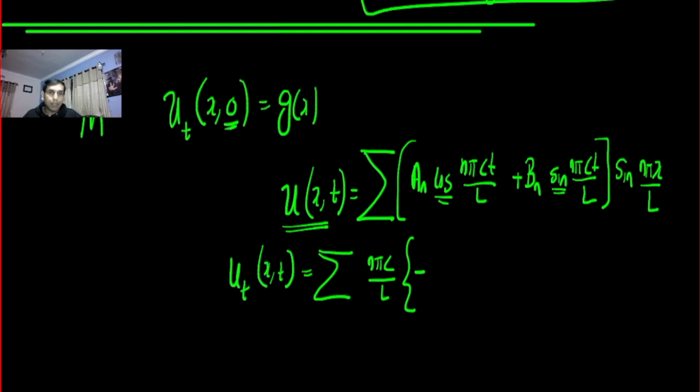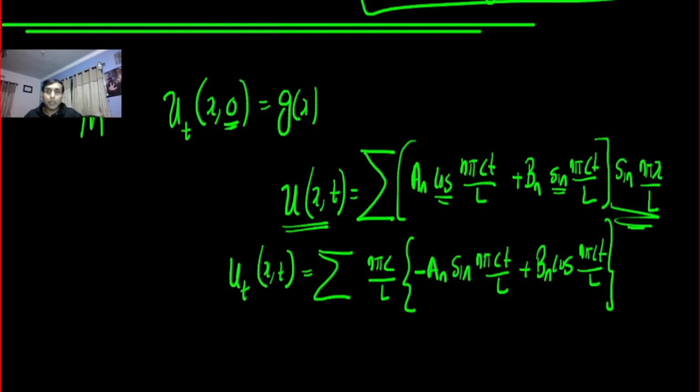And inside minus an. How did I get minus? Because the derivative of cos. Sine n pi ct by L plus bn. Here it becomes cos n pi ct by L. The whole multiplied. Because we are doing partial derivative, this part will be treated like a constant. N pi x by L.